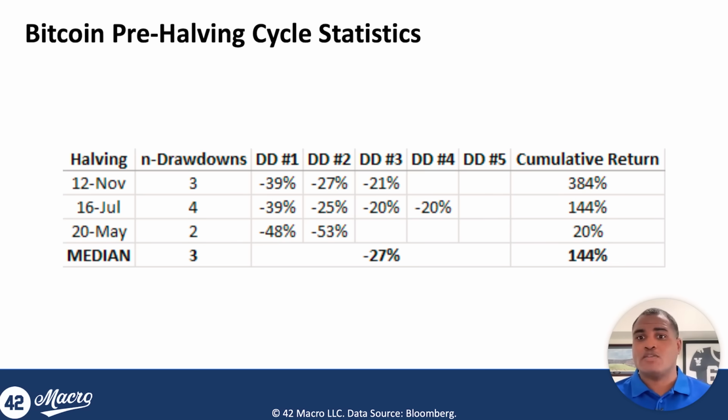You just didn't see that in 2020. In 2019, we had pretty draconian liquidity conditions throughout, and obviously we saw the worst of the pre-halving drawdowns in that instance at minus 48% and 53%, and then the cumulative return leading into the halving in that particular cycle was only 20%.